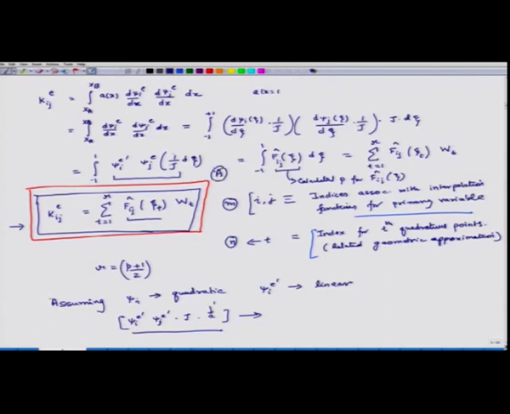So, for this equation, this entire integrand, what is the order of this? If psi_i is quadratic, then psi_i prime is linear. This is the entire integrand. This is my F_ij of zeta, right? What is the order of this? Order is 2.